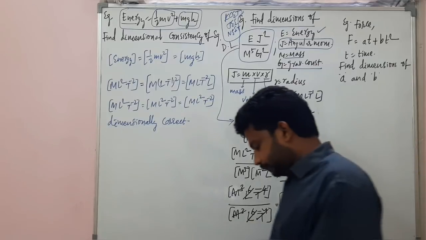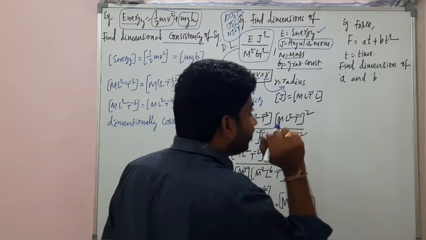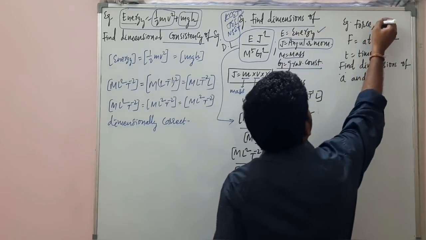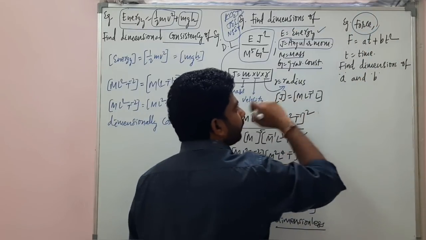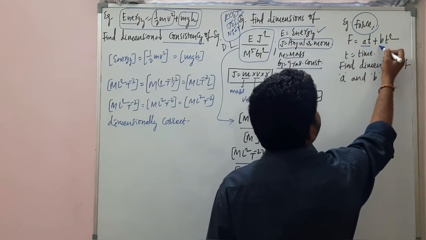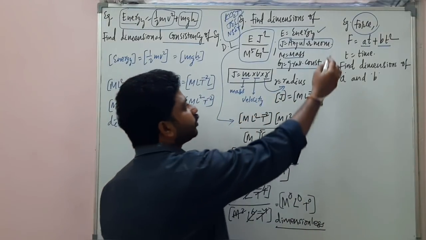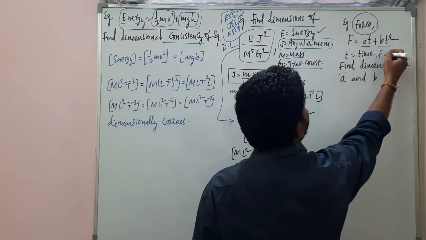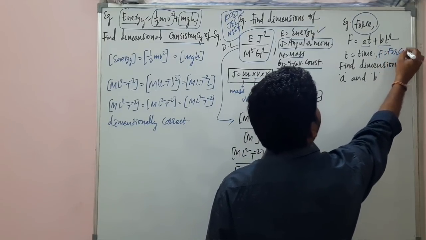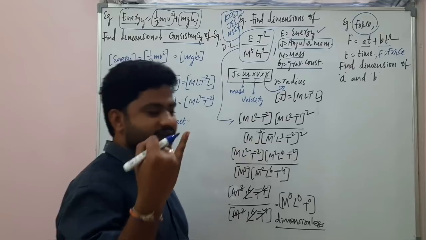Now, one more. Given force is equal to A into T plus B into T square. F is force here, and T is time here. You know the dimensions of force and the dimensions of time.